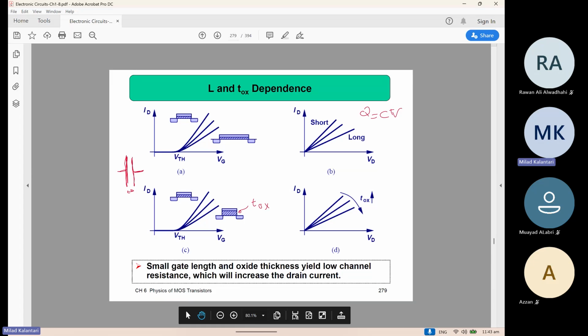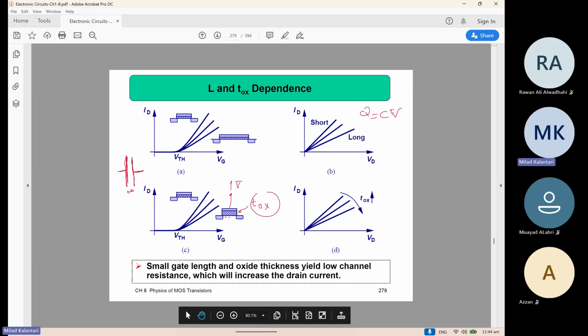So if you make your MOSFET with a thicker oxide or thicker insulator, the capacitor is smaller, right? So once you apply, let's say, 1 volt to the gate, the charge stored at both sides is less because the thickness is bigger, compared to another transistor where the oxide is thinner.